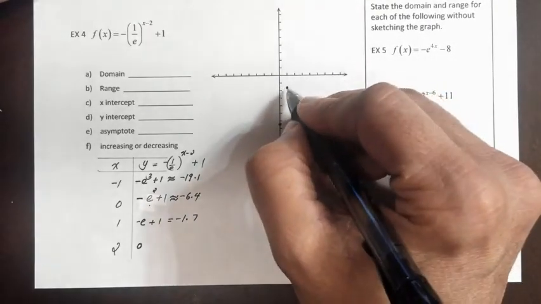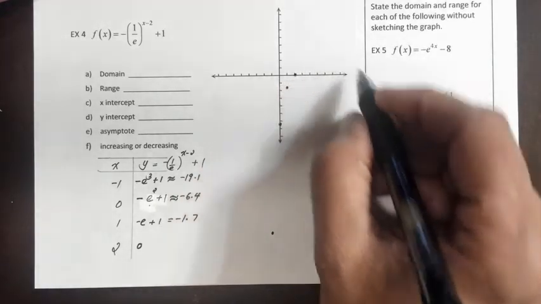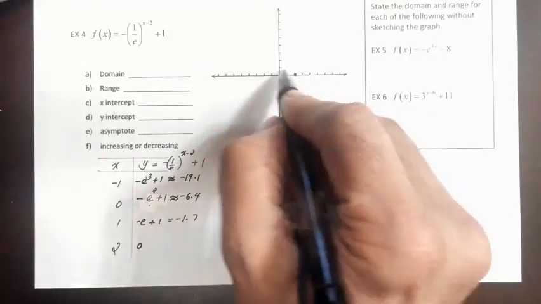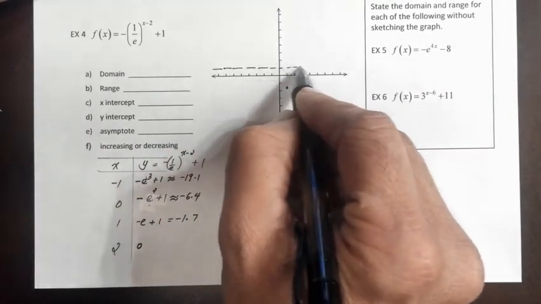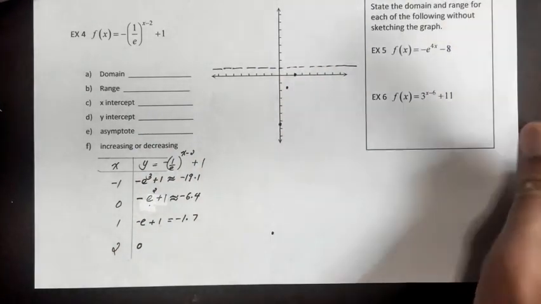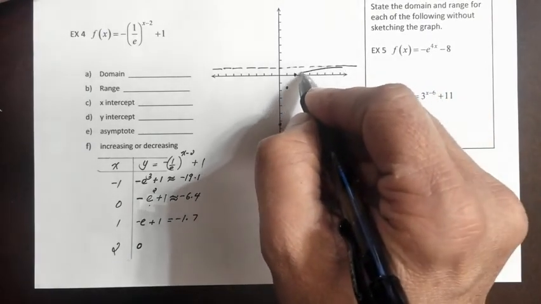And 2, 0. Also, you need to understand, since that is the case right here, +1 is going to be our asymptote. Just make sure you make that asymptote. And the function is graphed like this.